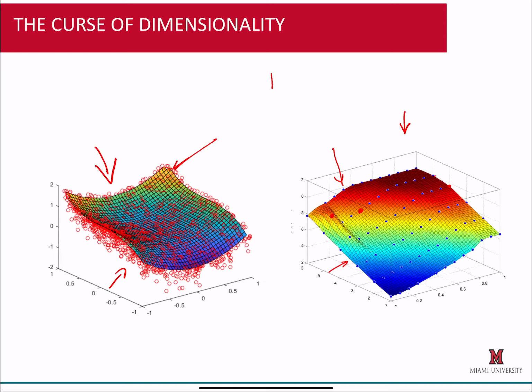Just remember, numeric variables bring in 1 degree of freedom each, but categorical variables bring in the number of levels minus 1. Okay?